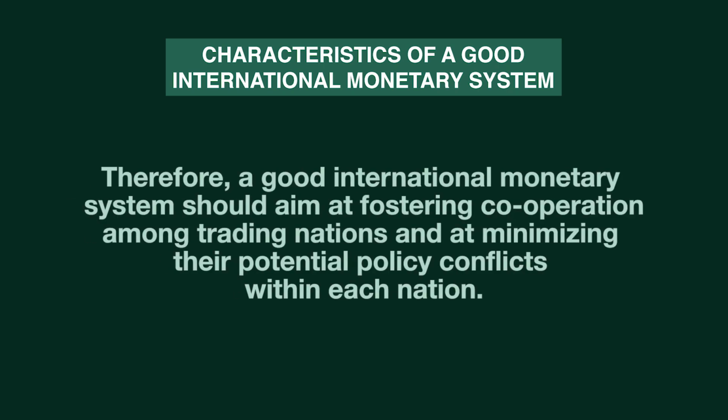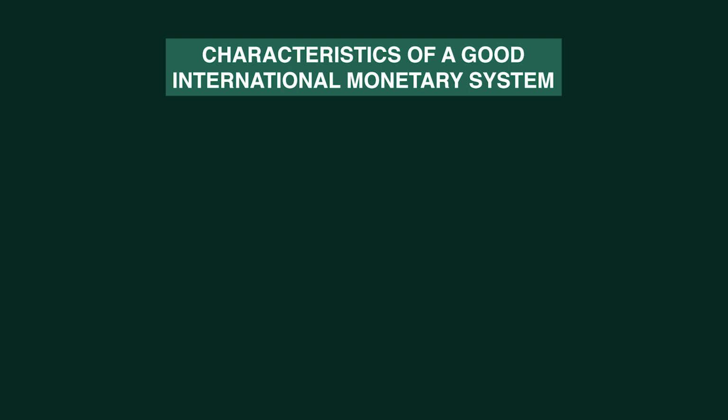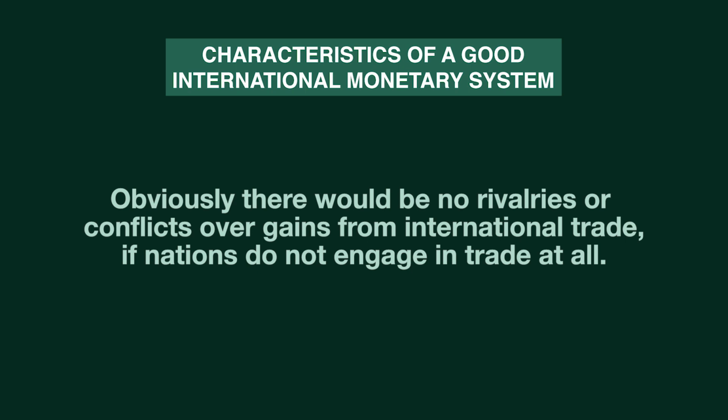Therefore, a good international monetary system should aim at fostering cooperation amongst the trading nations and at minimizing their potential policy conflicts within each nation. Obviously, there would be no rivalries or conflicts over gains from international trade if nations did not engage in trade at all.